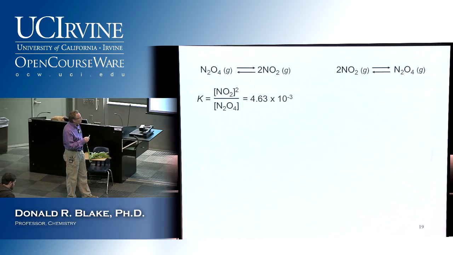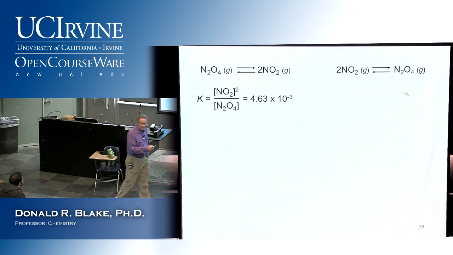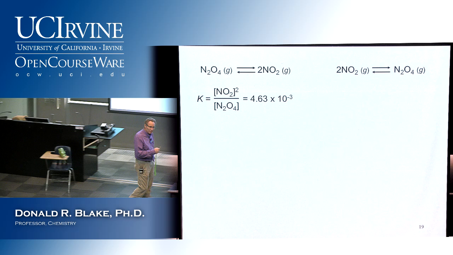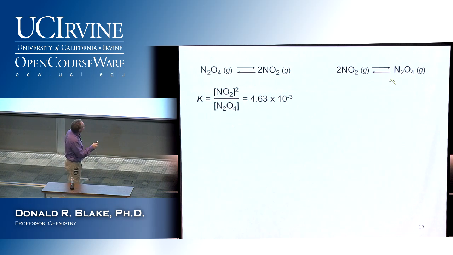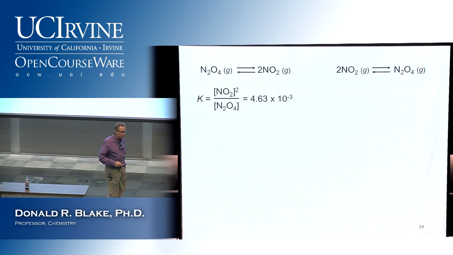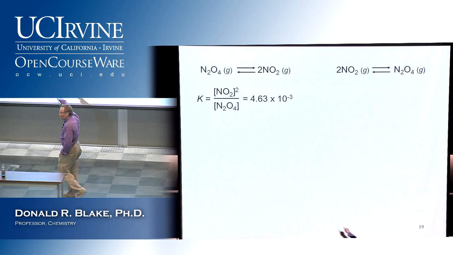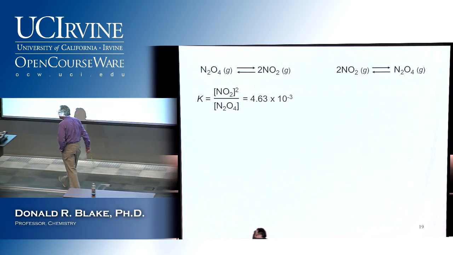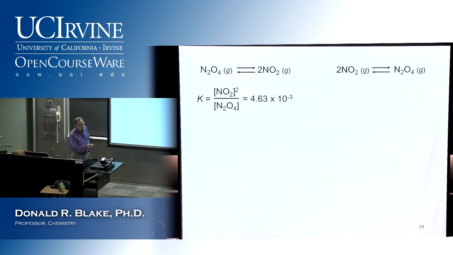And here is the K. What if instead I wrote it like this? What if I wrote it instead 2NO2 going to N2O4? So I'm going this direction instead of this direction. What is the K? It's the reciprocal. So if this is 4.6 times 10 to the minus 3, then the K for this reaction is the reciprocal of that, 1 over that.